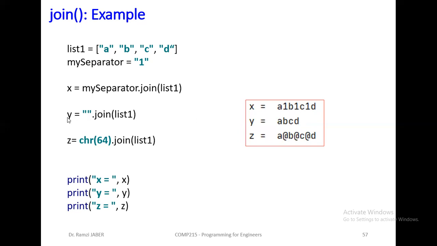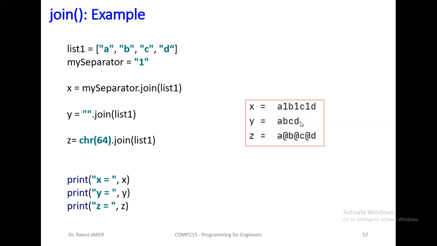So here we have another conversion from a list, a string list, to one string word. So we can use this command join to convert a string list to one string. Empty string dot join list1, the output will be ABCD.